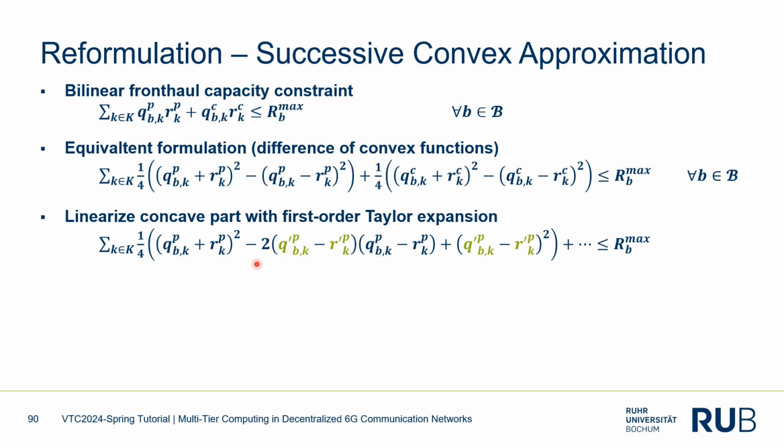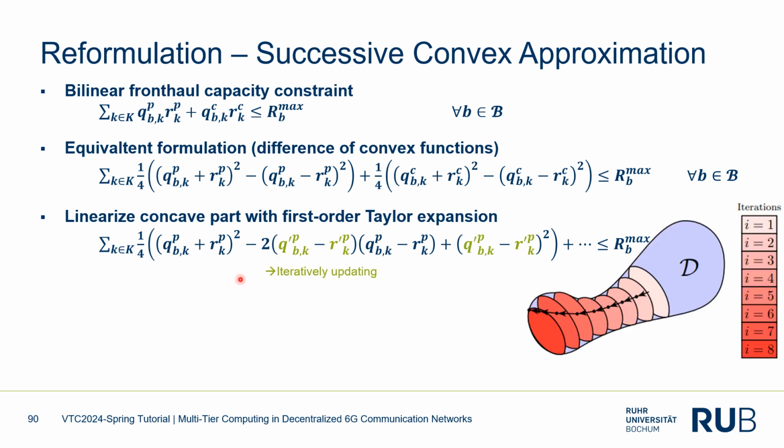But what we find out in the end is that by doing the first order Taylor expansion, we are able to have a convex constraint where we introduce so-called feasible fixed values. These are usually the optimization variables that were optimal for the previous iteration, and these are usually updated iteratively.